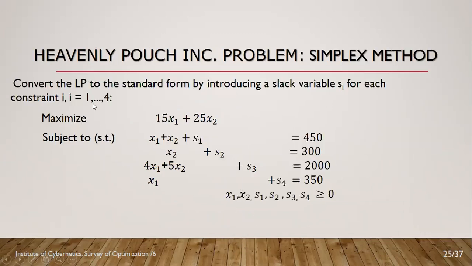So therefore, we have 4 s sub i. And here they are, s sub 1. And now all inequalities are turned into equations, but now we have 6 variables, because s sub 1, s sub 2, s sub 3, s sub 4 actually fall under the non-negativity constraint, so they can't be negative. So this is step 1.